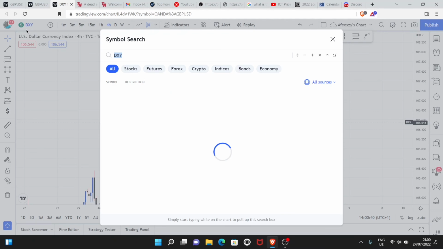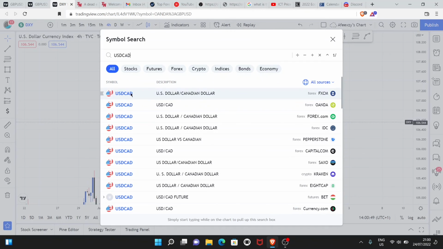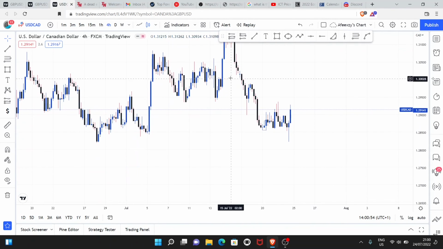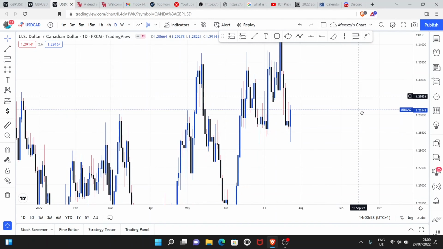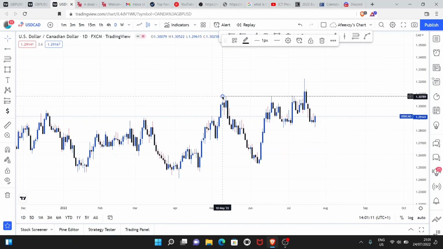Now, let me go to the USD CAD that I was trying to short last week. As you can see on the USD CAD, I was really trying to short this last week, but it didn't give me the opportunity to short. So let's just mark this again.